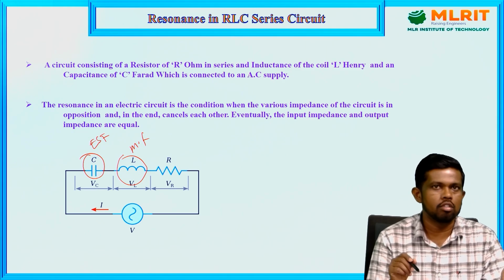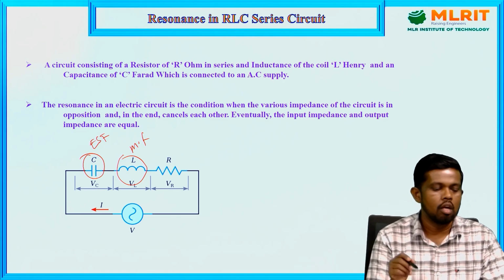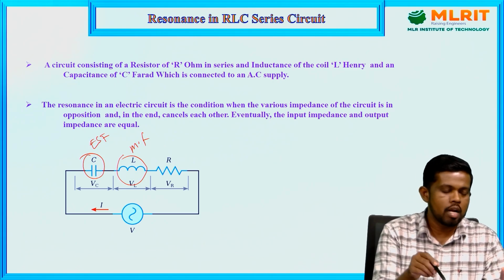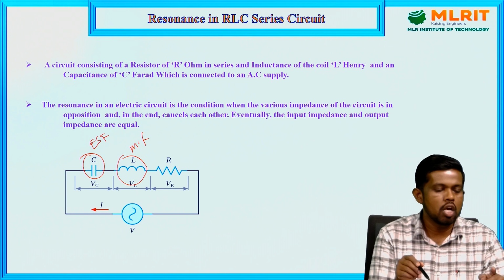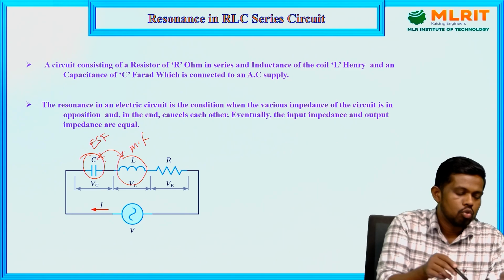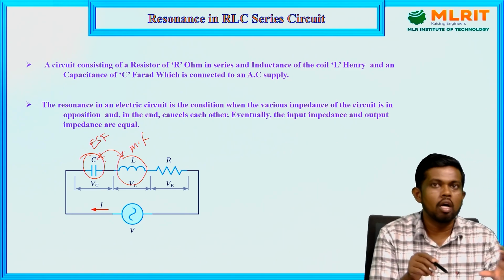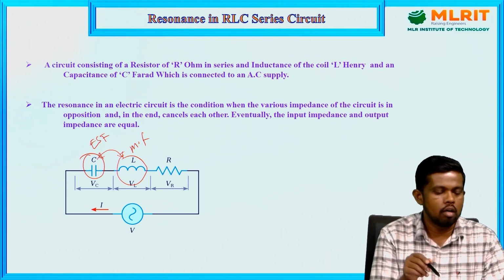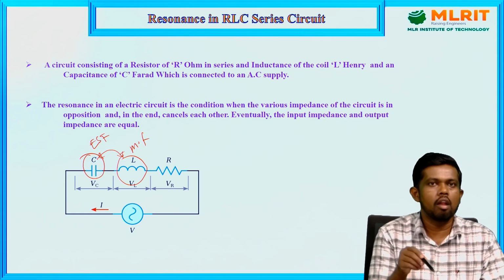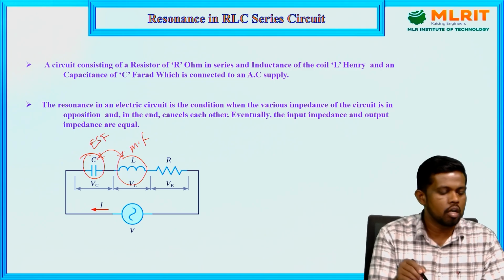At that instant, energy exchange happens, so the energies become equal. In magnitude both are equal, but in direction they are opposite, so these energies cancel each other. That instant of the RLC series circuit is said to be the resonance condition.